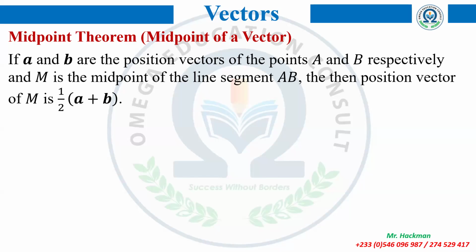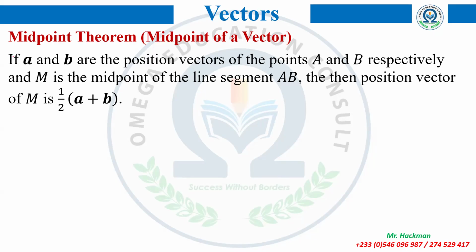The midpoint theorem is basically under a broader theorem, which is the division theorem. However, I'm going to bring out only the special theorem connecting that, which is the midpoint theorem.